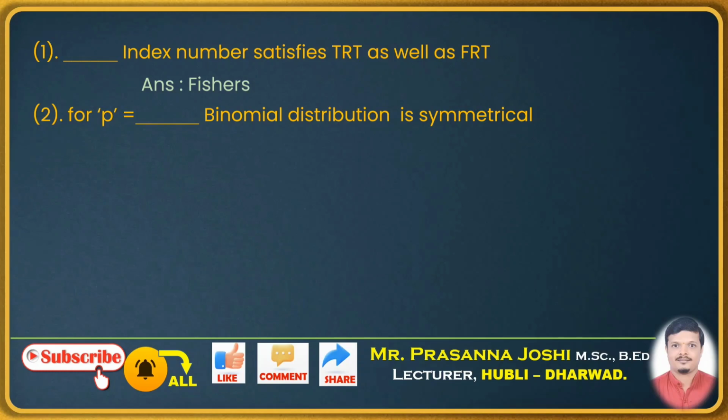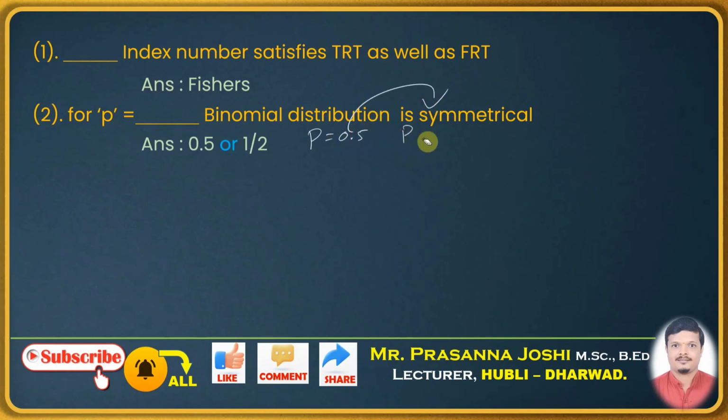We know, students, in binomial distribution for p is equal to 0.5 or half, the distribution is symmetrical. So the answer is 0.5 or half. If p is equal to 0.5 or half, then the binomial distribution is symmetrical.